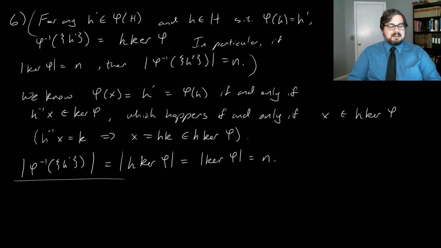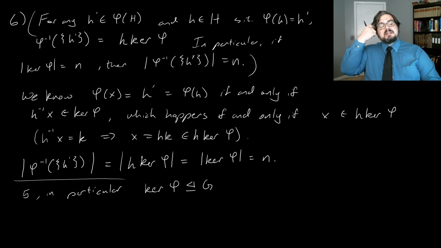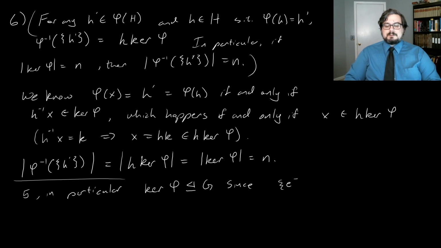Now, I just realized that we neglected to do the in particular part for part 5, but that's very quick, so let me handle that now. So for part 5, the in particular said that in particular the kernel of phi is a normal subgroup of G, and this is since the set containing just the identity element of G prime is a normal subgroup of G prime.